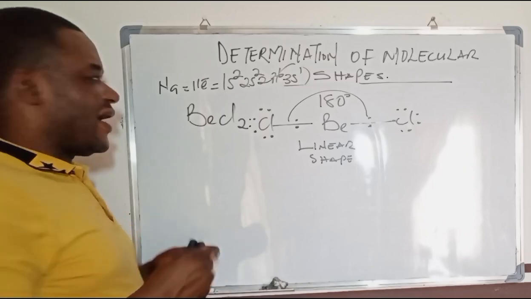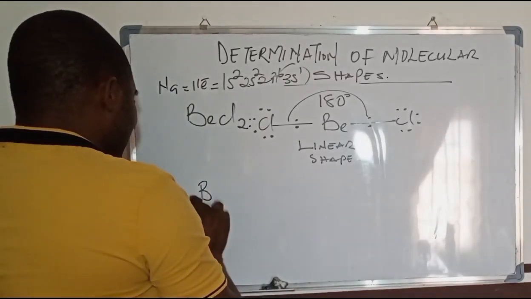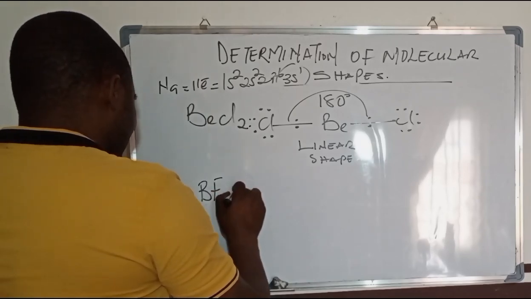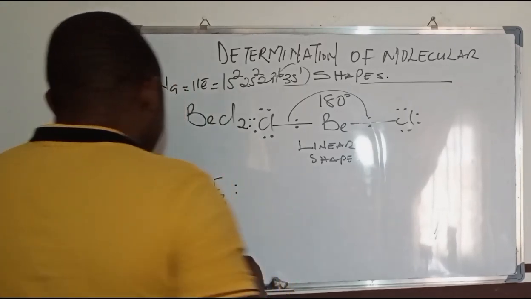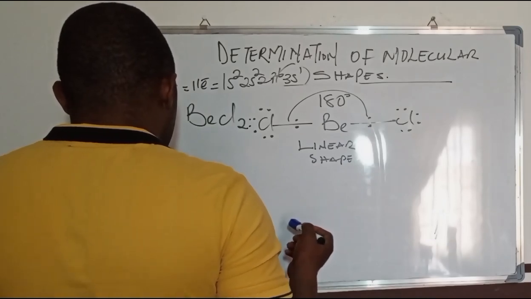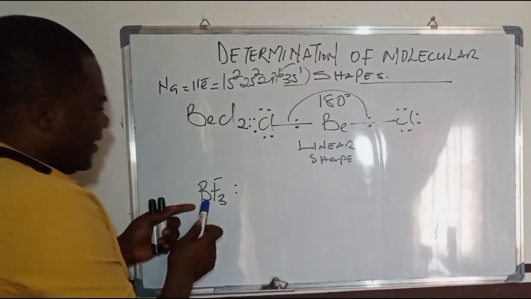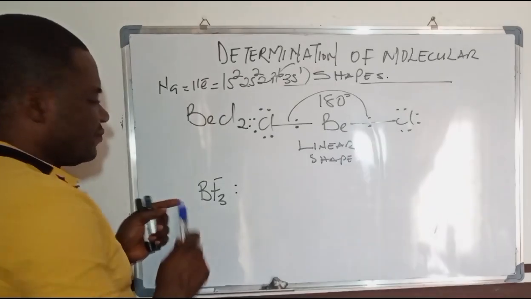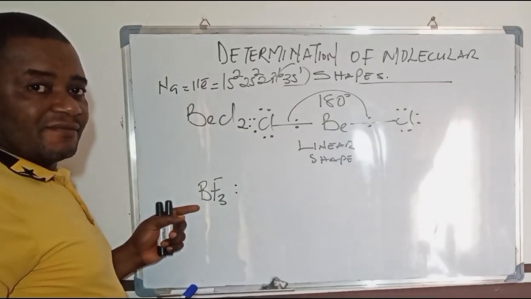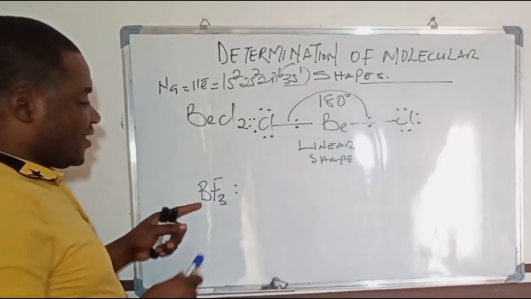You can also have another, let's say boron trifluoride. Okay, boron trifluoride. Here it means that you identify the major shape, okay, the major shape, and then the major atom, the central atom here is what?